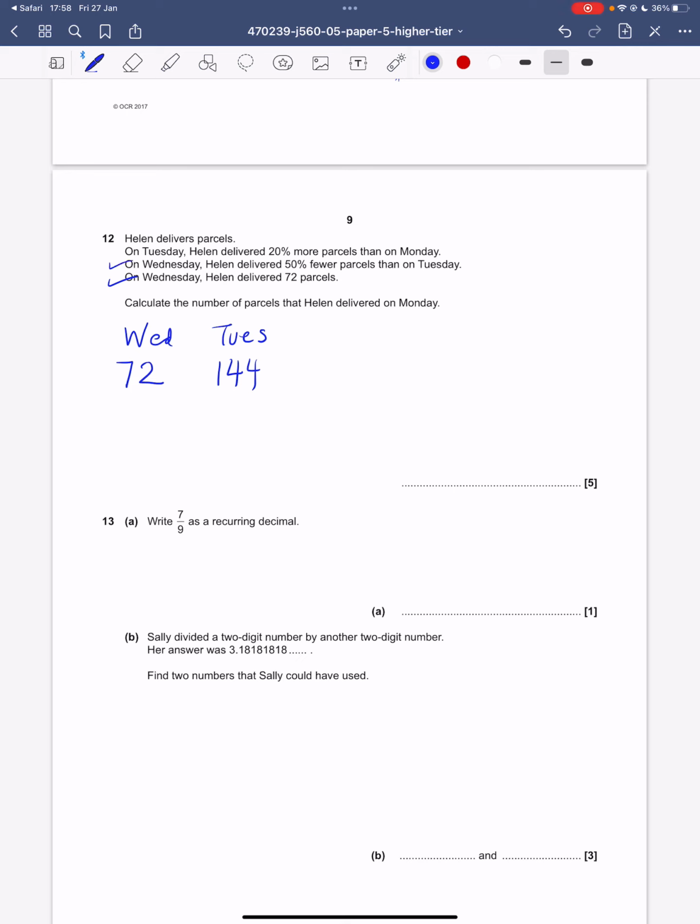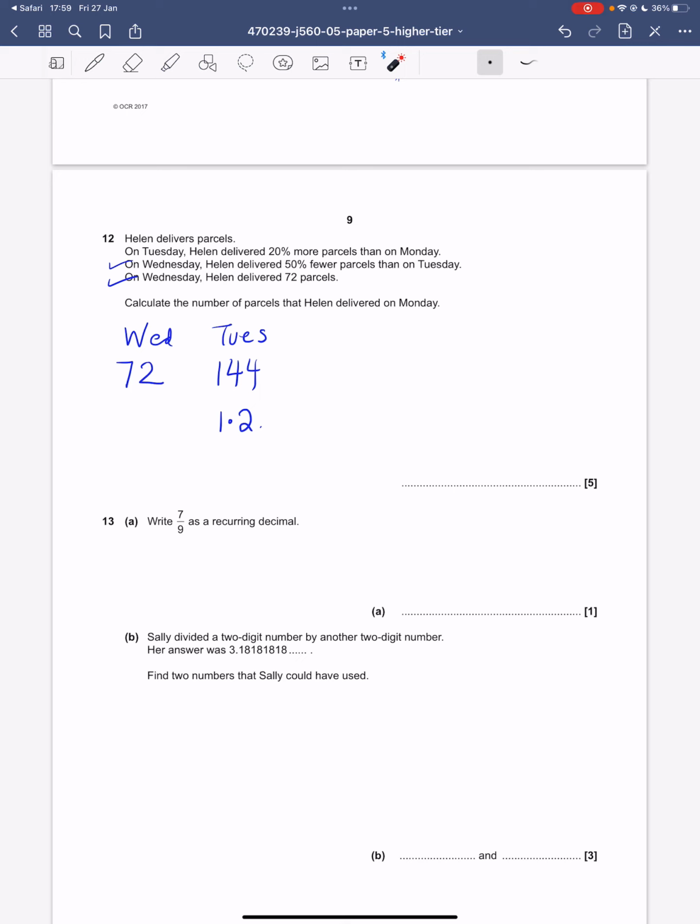And then on Tuesday, Helen delivered 20% more parcels than on Monday. Okay. So, if you've got 20% more, that is 1.2 as a multiplier.